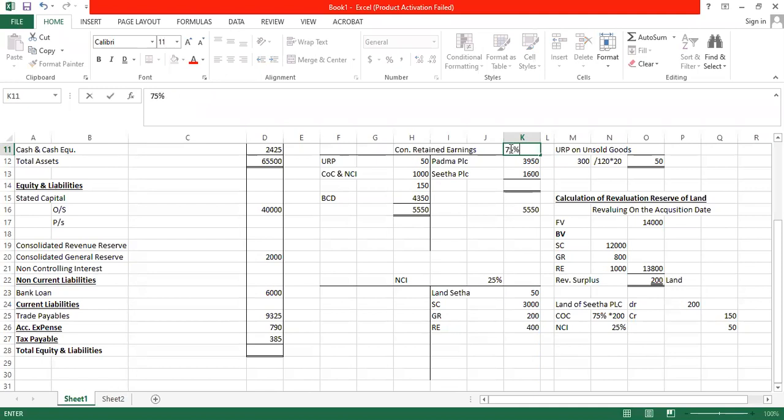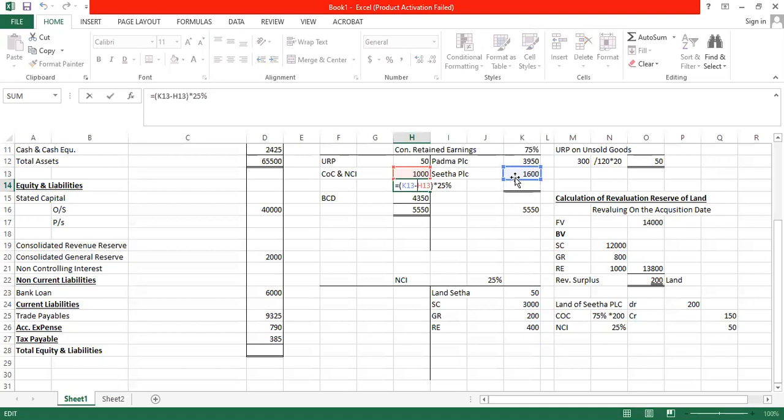The remaining 600 is owned by both the parent and the non-controlling interest, right? So we can't put this 600 balance here. From this 600, again 150. How do we calculate that?